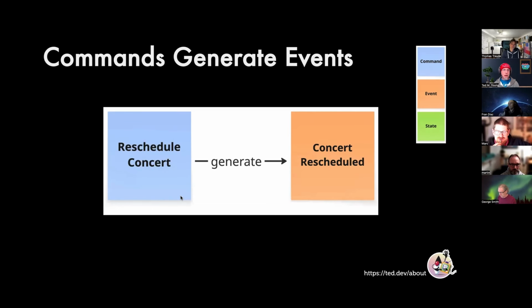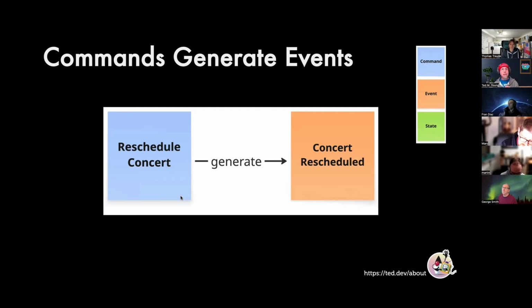So reschedule a concert, if it's successful, generates a concert rescheduled event with the information that we need to reconstruct what exactly happened, right? Probably the new date and time. If the artist changed, hopefully it didn't change drastically, but maybe we added a new headliner, it would be artist updated or opener added, right?